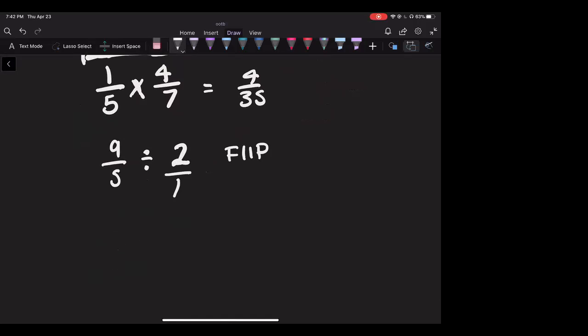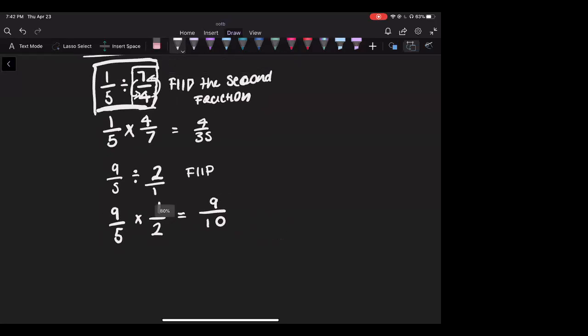I know it's kind of weird, but if you just see a number written out, you just put a 1 underneath it. And then when you flip it, it's 9 over 5 times 1 over 2. Does that make sense? And you get 9 over 10. Pretty straightforward, right?